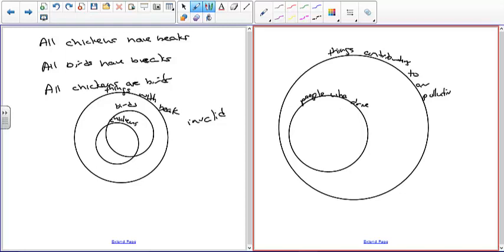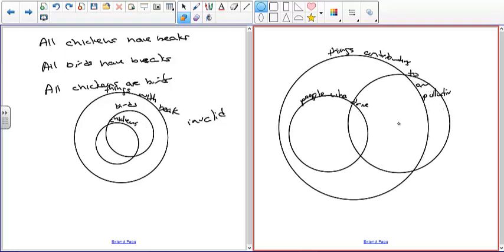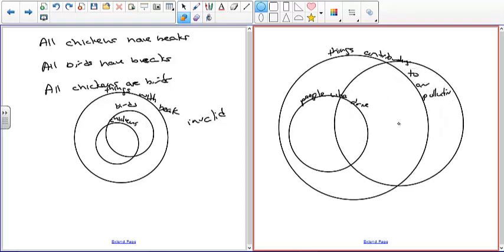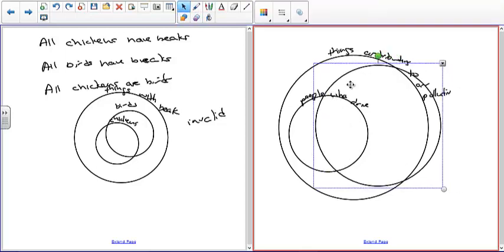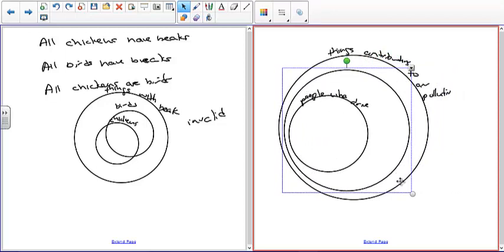That's a difficult one to do, because you think about it, all people who contribute to air pollution. These are people who drive, but there are other people that don't drive, but they still contribute to air pollution. So what we'd have to do is draw people in general.